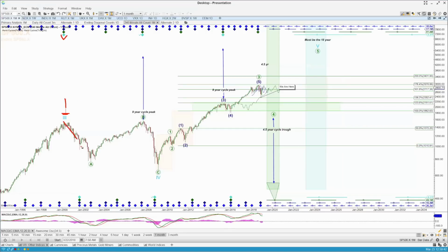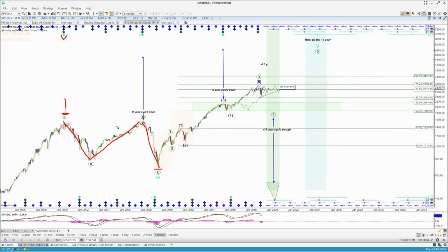What we then saw was an A, B, C correction, and the low in March 2009 is therefore a cycle degree wave 4.